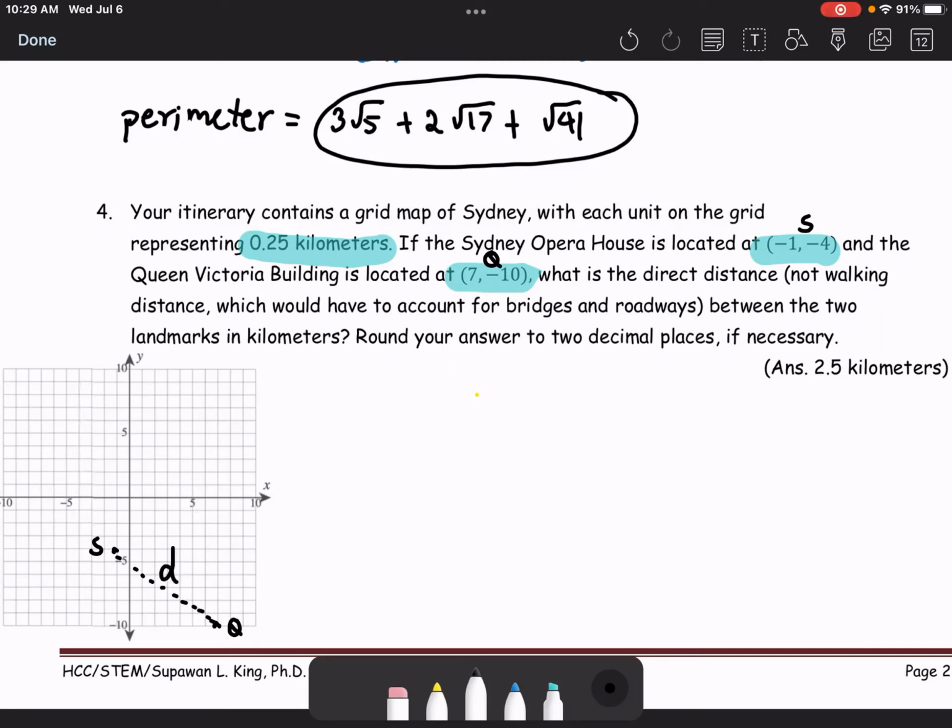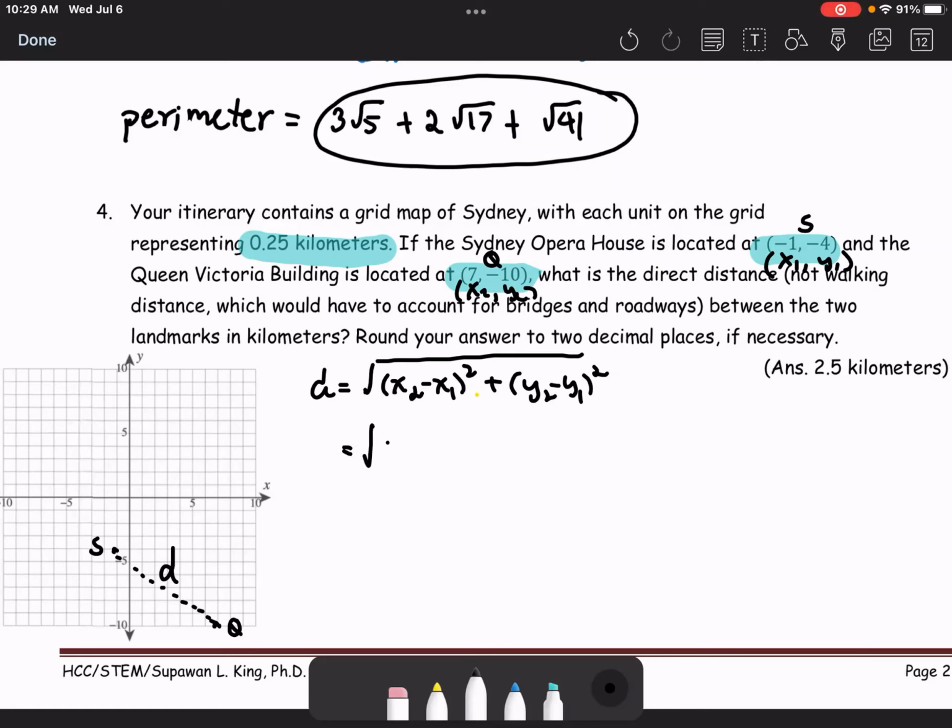as the distance D. The formula to find the distance between two ordered pairs would be the square root of x2 minus x1 quantity squared plus y2 minus y1 quantity squared, where x1, y1 would be the S ordered pair or the point S, and x2, y2 are the coordinates for the second ordered pair or the point Q. Now, replace the numbers in the formula.